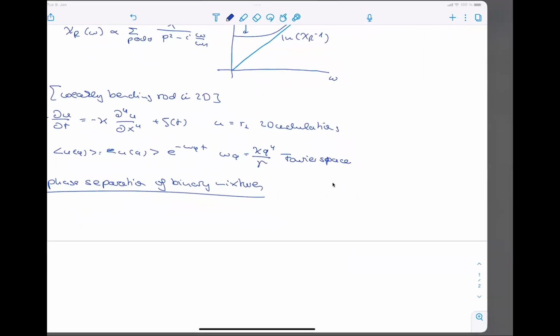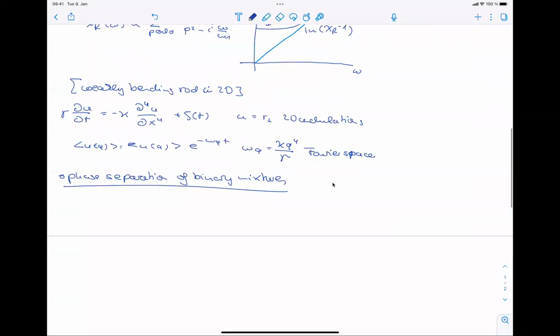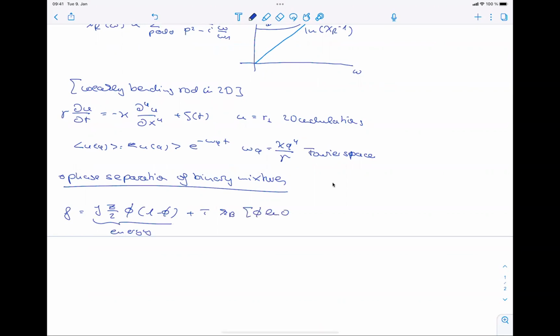And so the key here is that the free energy of a binary mixture consists of an energy part, this is a mean field description. And then I have a T, write it this way, kB phi ln phi.